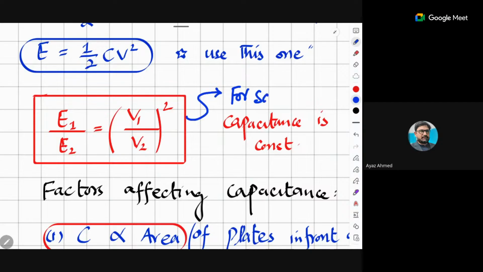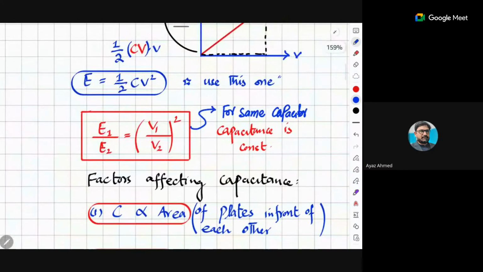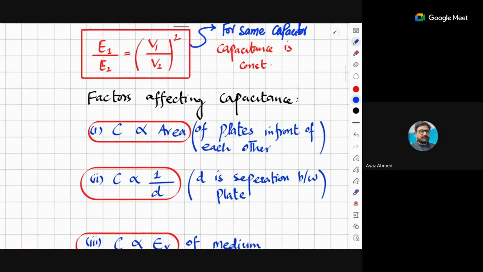If you have the same capacitor, that capacitor will store more energy when it has more voltage across the plates, and it will store less energy when it has less voltage across it. Is this clear to everyone? Clear?